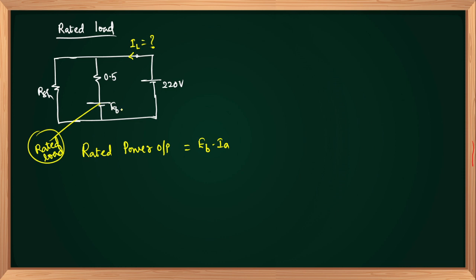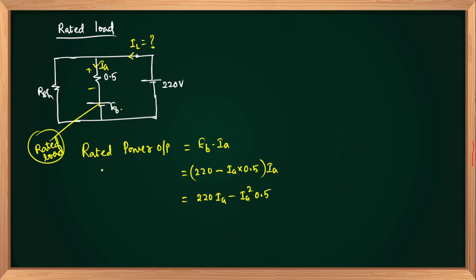The back EMF in this case will be the 220 volts supply voltage minus drop. 220 minus drop, which is IA into 0.5. We do not know the current drawn by the motor. So if you multiply this, it will be 220 IA minus IA square into 0.5. Now you need to check the rated power output.